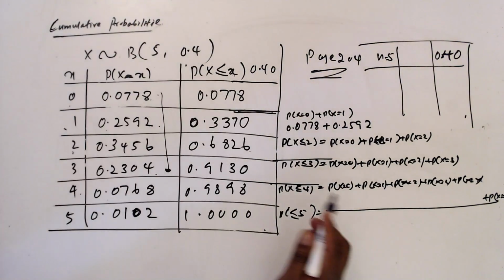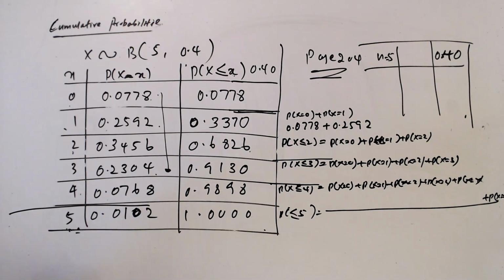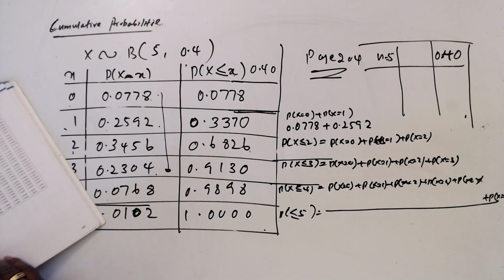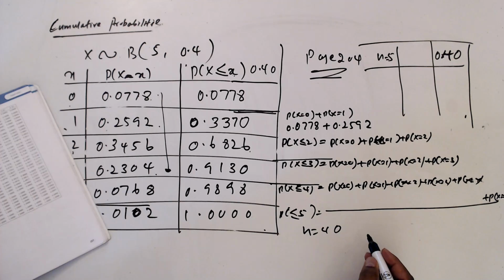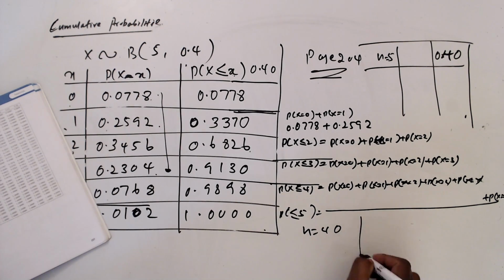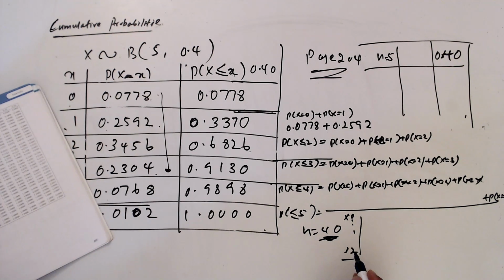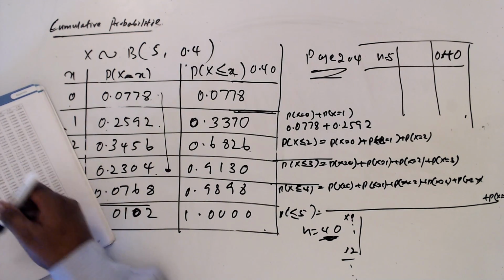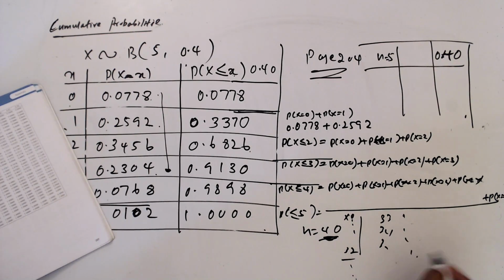You can't find the fifth one in the book, only up to 4, because we know that the fifth one is 1 already. And if you look at, let's say, n equal 40, you can see that the maximum value is on the line x value 0, 1, 2, 3, up to 32. But there are 40 trials, but there's no point of writing because we can see that they all are 1. That's why they didn't write 33, 34, 35, because they all are 1.